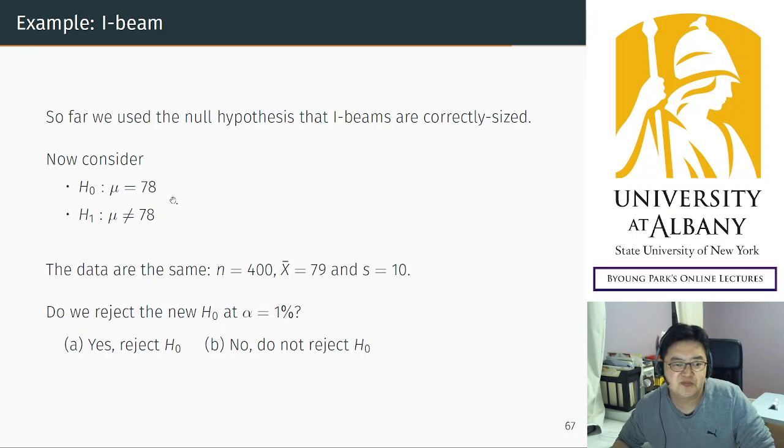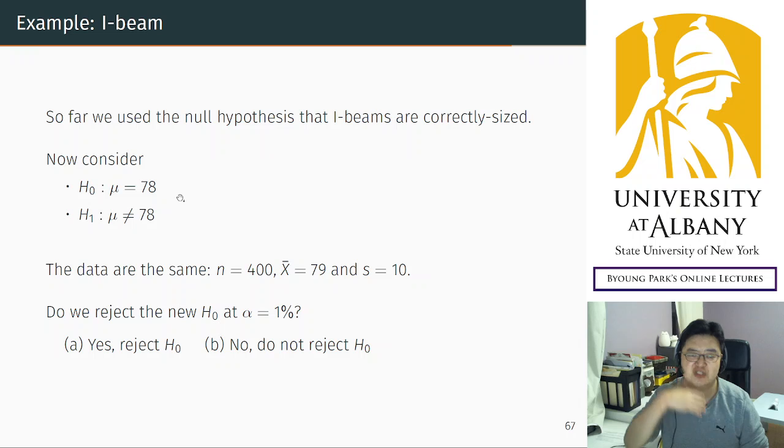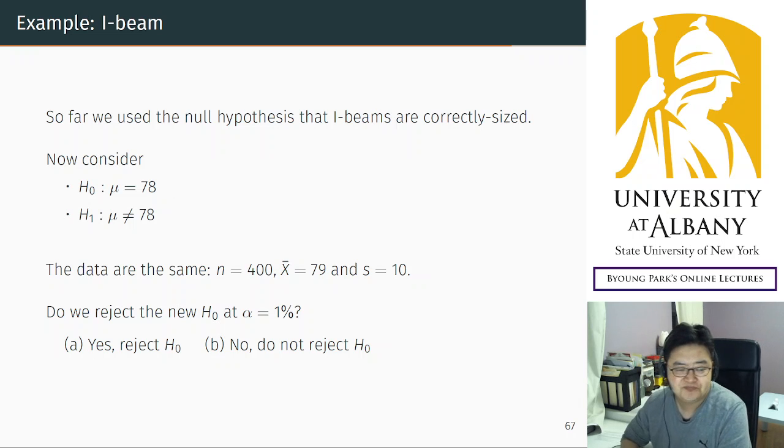So what would be the decision at 1% with this null hypothesis? It doesn't matter which approach you use, just try whatever you like and see what your conclusion is. I'm going to show you the answer in the next one. So see you later.